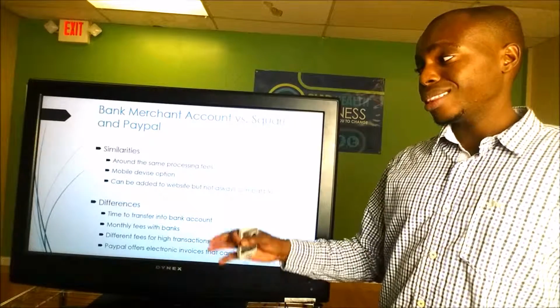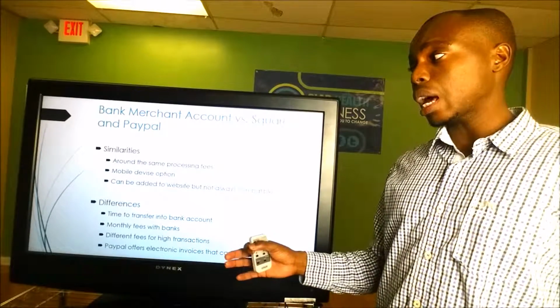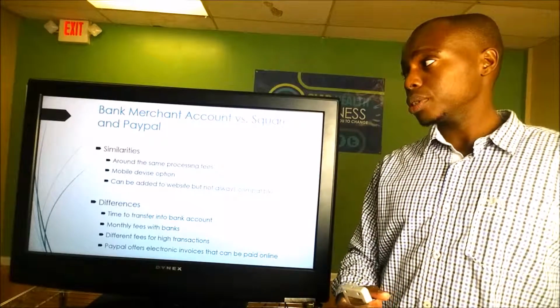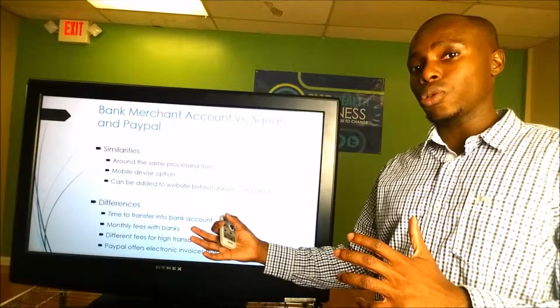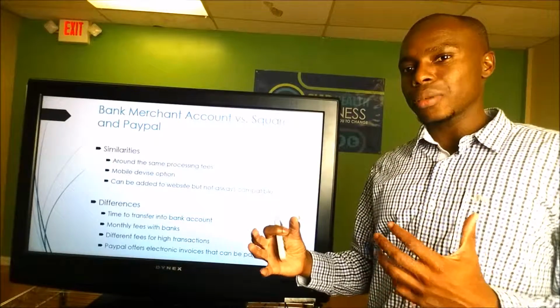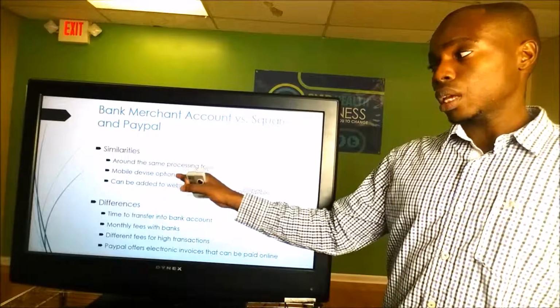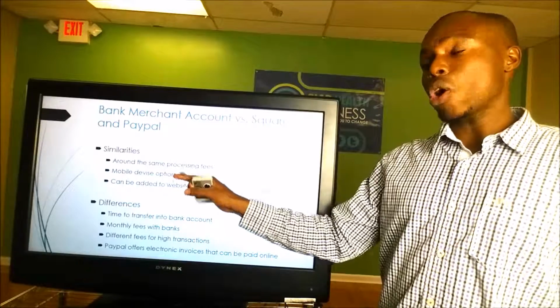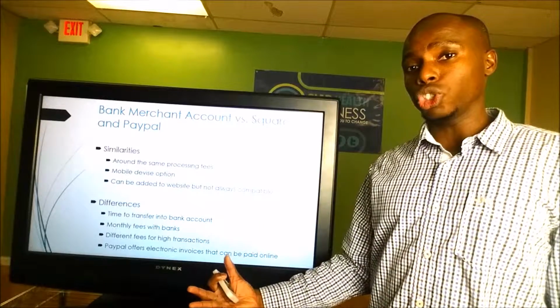Now, there are a lot of similarities and a lot of differences between the actual bank merchant accounts and PayPal or Square. Similarities: all of them are around the same processing fees. They all have mobile device options and they all can be added onto your website.